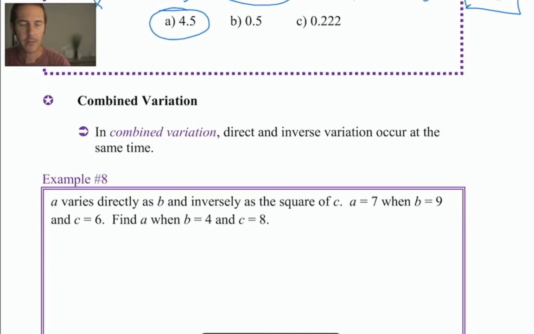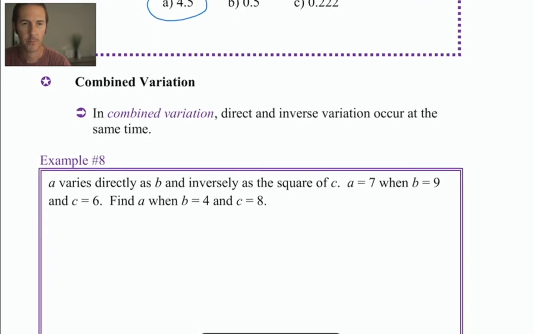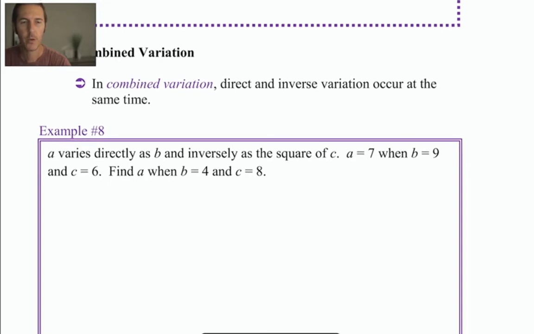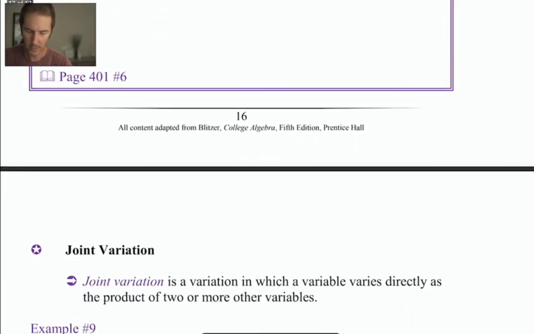And I believe the last type of variation that we're going to look at in this section is combined variation, sometimes referred to as joint variation. So you might see language that says, here this says, A varies directly as B and inversely as the square of C. Unless I'm mistaken, I don't like to misspeak.